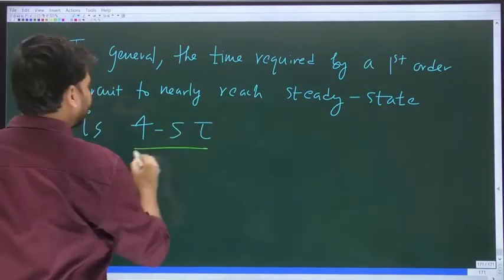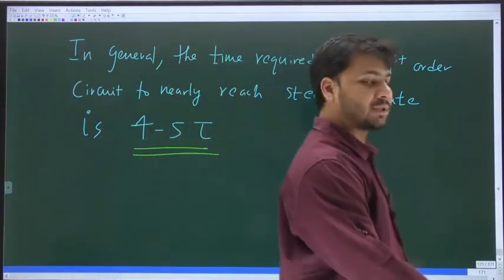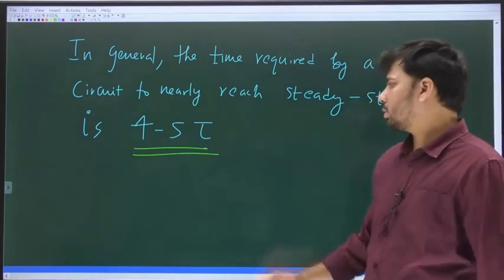How much? 4 to 5 time constants, okay? Understood?